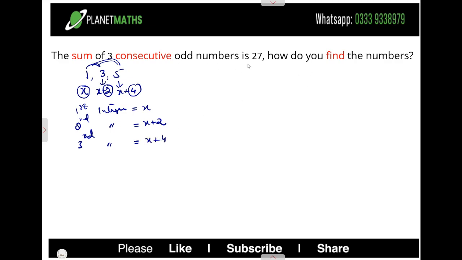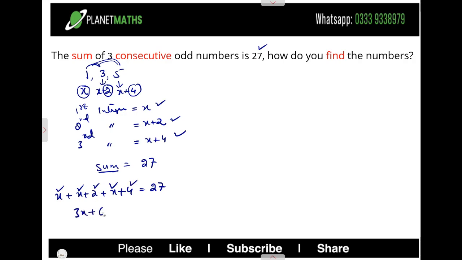Now the second condition is their sum is 27. Sum means add these three numbers: x plus x plus 2 plus x plus 4 equals 27. Now simplify it. x plus x plus x we will get 3x. 2 plus 4 we will get 6.